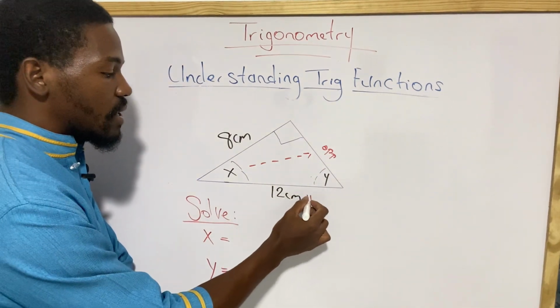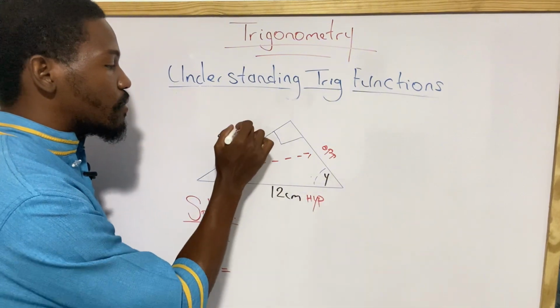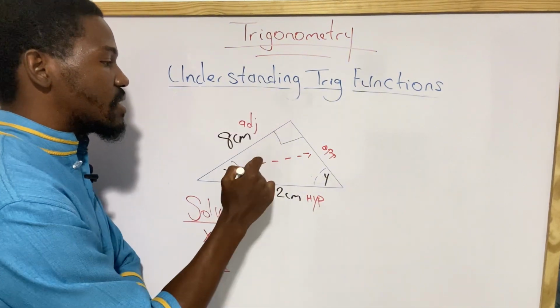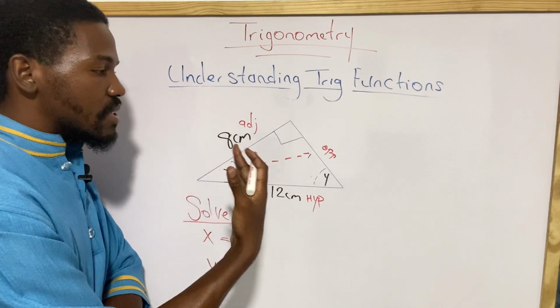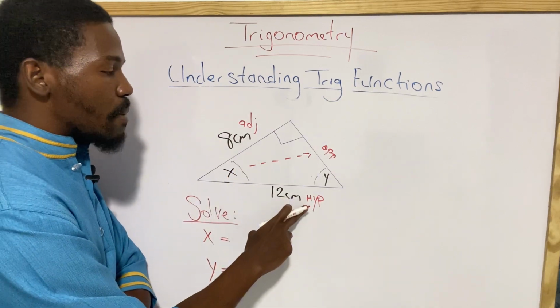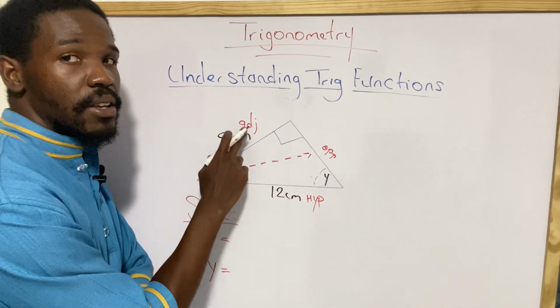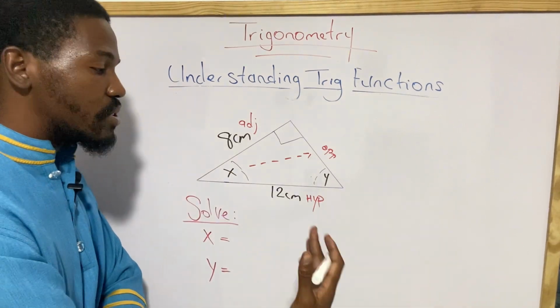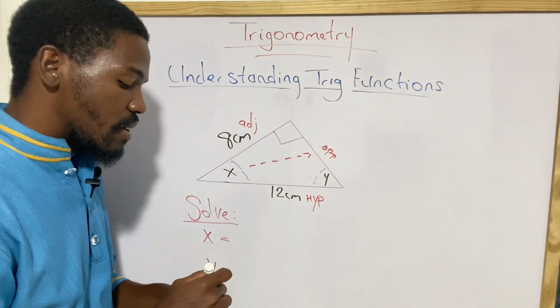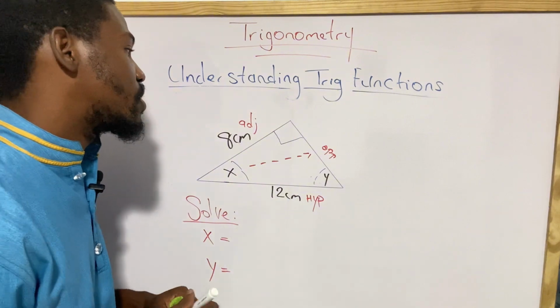As we said before, this is the hypotenuse, so therefore it's obvious that this is the adjacent side. Given that we have the hypotenuse and the adjacent, we're going to have to use CAH, which is cosine, right? So we're going to use the cosine function.